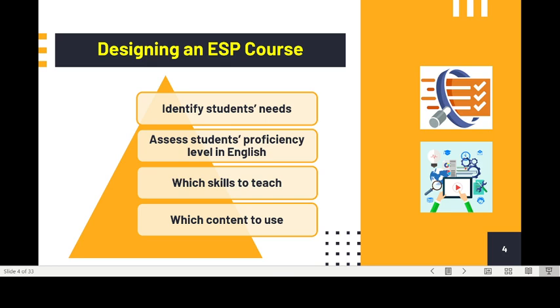First, we have to identify the students' needs. We have to assess their proficiency level in English. We have to define which skills to teach, and also which content.